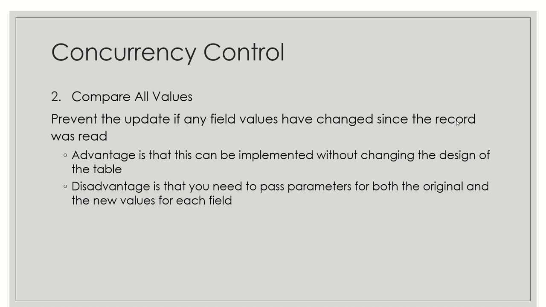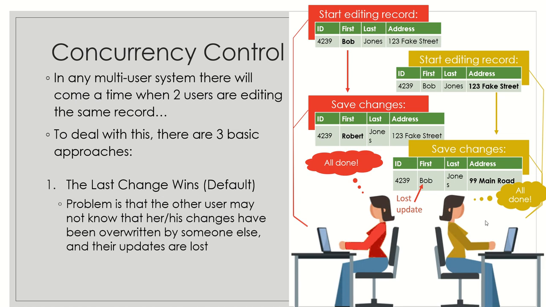Because keep in mind, when you're performing an update, usually what happens is you read the current data, you make a few changes, and then you push all the data that you have back to the database. Now, in this picture, if yellow shirt compared all values, what would happen is when she tried to save, she would compare the ID, she would compare the first name, and it would flag it, saying, hey, wait a minute, the first name that you think you have isn't the same as the first name that's currently there.